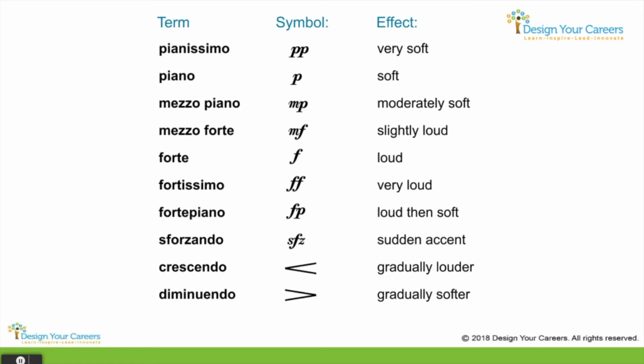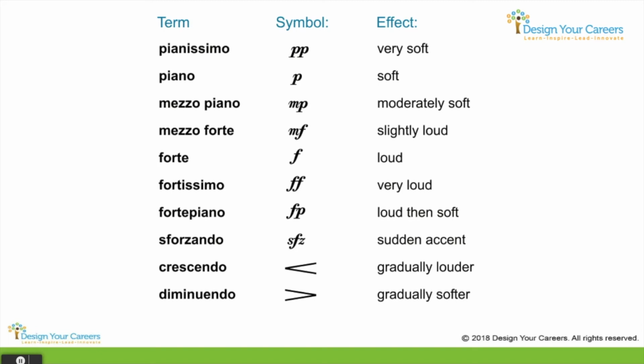And the next one is mezzo piano, MP. You usually see MP or PP. You never really see P, but MP means moderately soft, where it's a little louder than soft, but it's not too loud.